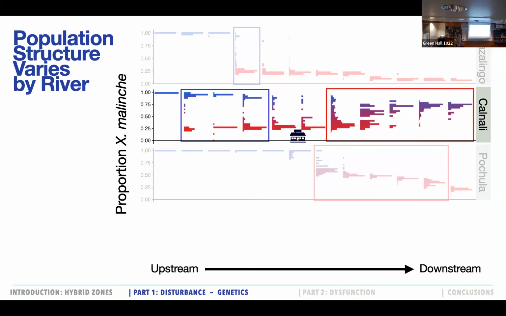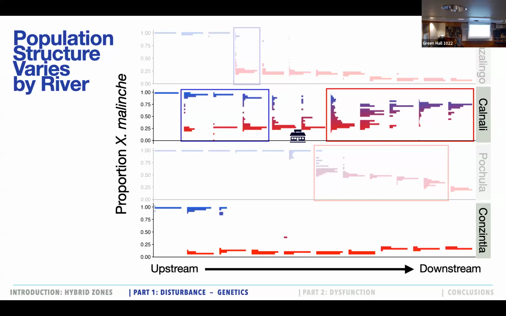The final river that I was happy to have bothered to sample because it became sort of our negative control is the Concitla, that has much lower population density than any other river in the area. And here we see one intermediate individual in the entire river, and really what looks more like an ecological turnover where we have an area of sympatry, and they're not 100% Malinche, Birchmani if we go based on the ancestry calls, but there's very few intermediate individuals.